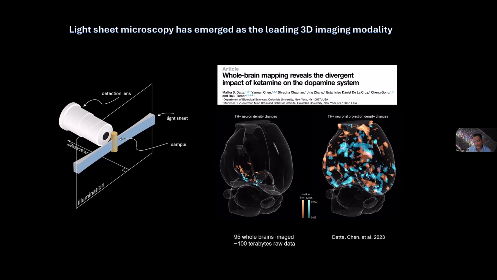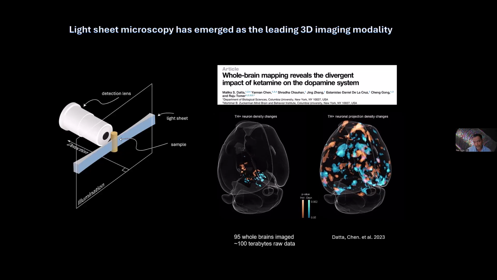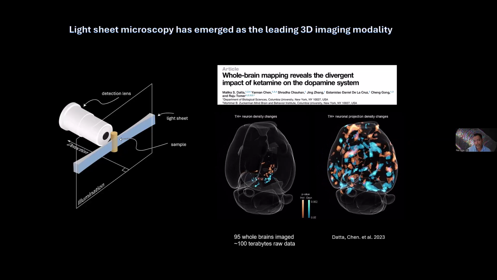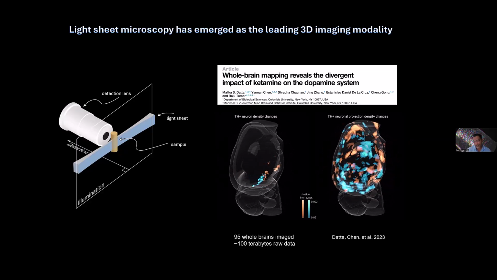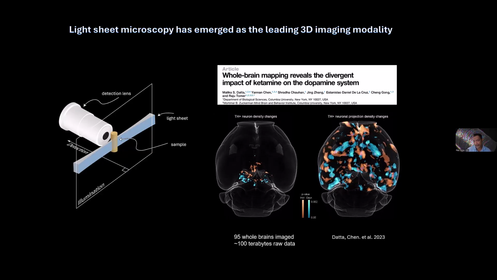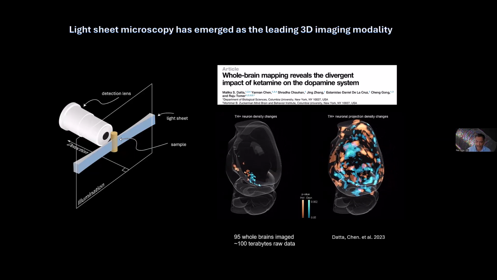To do that study, we had to image lots of brains. In this particular study, we imaged 95 whole mouse brains, about 100 terabytes of raw data that needed to be analyzed. The images needed to be at a high enough resolution that we can look at the brain-wide projection pattern.